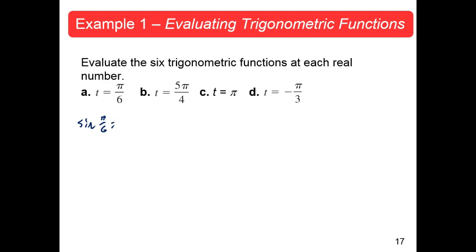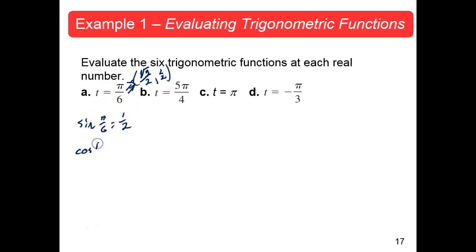Now you have to think back. Basically to begin with, what's the ordered pair that corresponds to pi/6? The ordered pair is root 3 over 2, 1/2. So therefore the sine is 1/2.